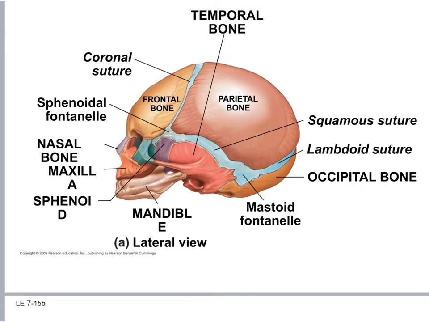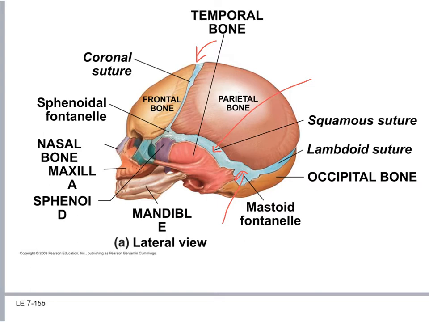Now, when the skull is first being formed, we said that bones start to be formed inside the uterus at about 8 weeks. As these bones are being formed, they're not suturing together right away. So when the baby is born, there's fibrous material in between the cranial bones. And there's a purpose for that.